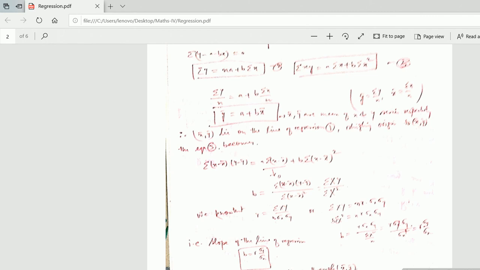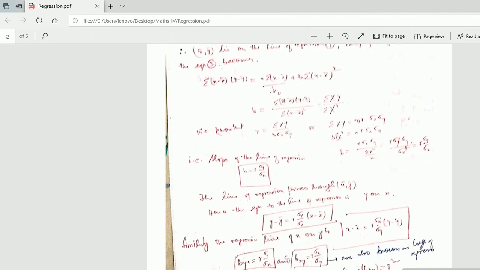So instead of writing sigma xy, you can write from here b sigma x square is equal to n r sigma x sigma y, and calculating from here you can find r sigma y by sigma x, that is slope of the line of regression, which we will denote as b equals r sigma y by sigma x.